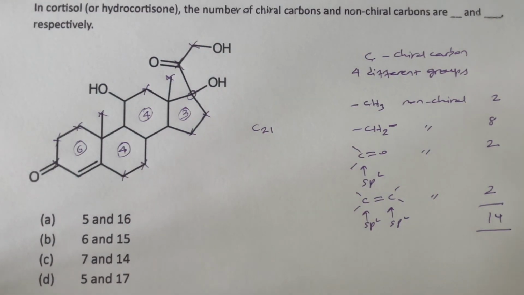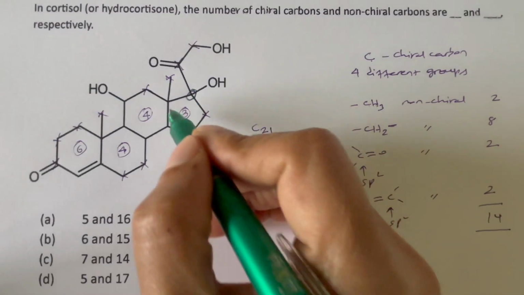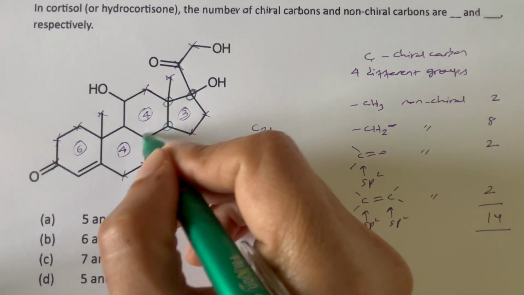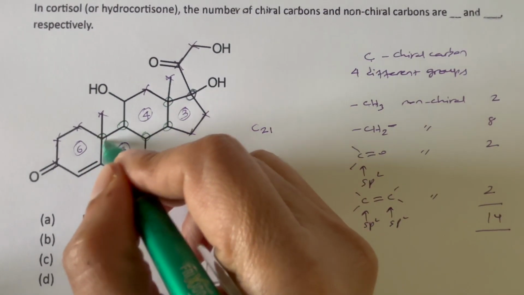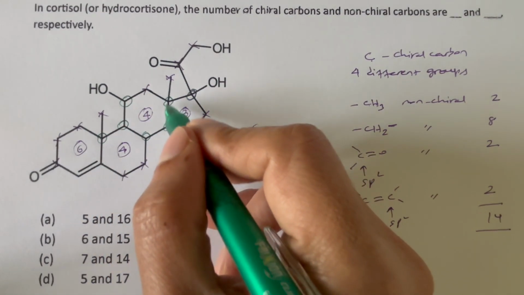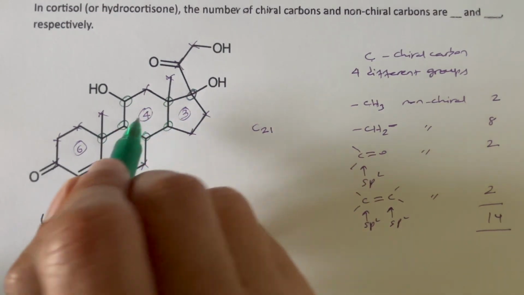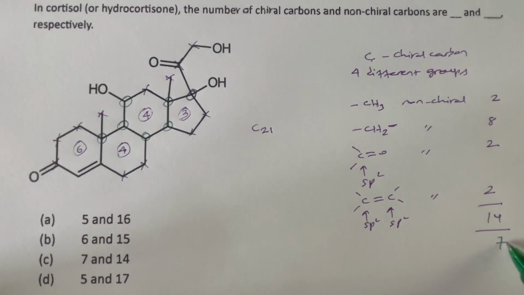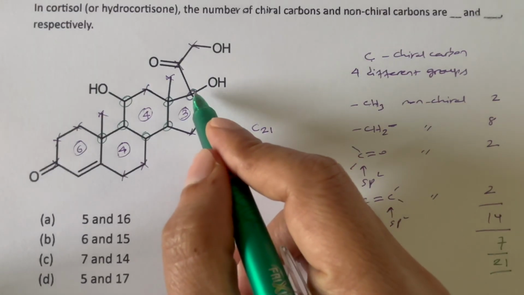We can verify that. So 1, 2, 3, 4, 5, 6, 7. These 7 are potentially chiral carbons. So if we add together, then that would become 21. Let's verify the chiral carbons.